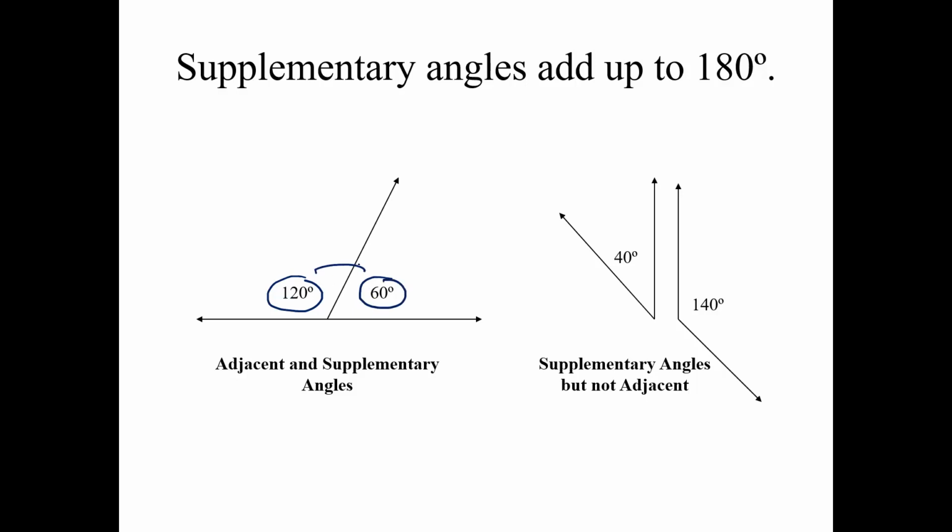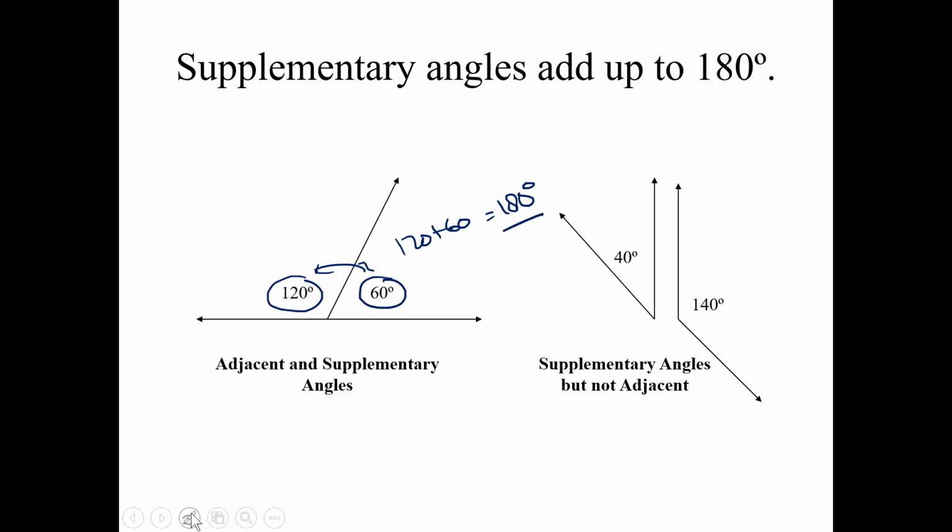If we add these two, 120 plus 60 equals exactly 180 degrees. So we can say that 120 degrees and 60 degrees are supplementary angles. In this case, they are adjacent and supplementary angles because they are side by side.